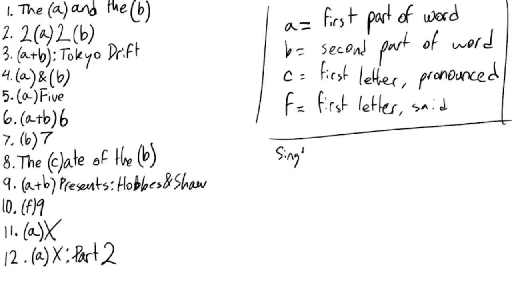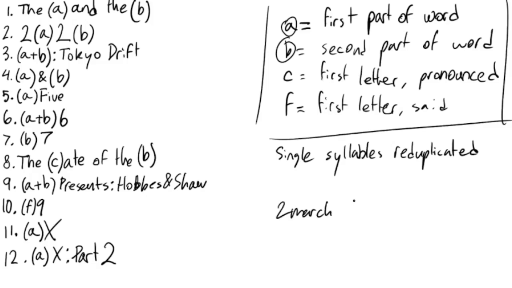Single syllables are reduplicated. So what that means is whenever an A or a B are on their own, you just say March for both of them. So 2nd of March would be 2 March, 2 March. 2nd of February would be 2 Feb, 2 Airy.